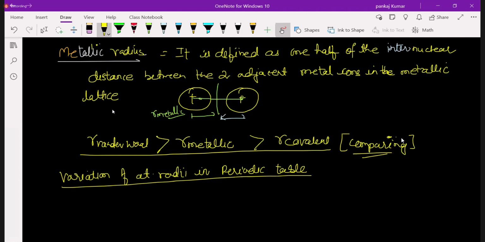Sir, in the case of metals, the metallic radius and the atomic radius will not be the same, no, sir? No. Actually there is no atomic radius. The radii are van der Waals, covalent, ionic, and metallic. These can be calculated. Atomic radius, how do you calculate? We don't. An atom has no boundary. This is only hypothetical.